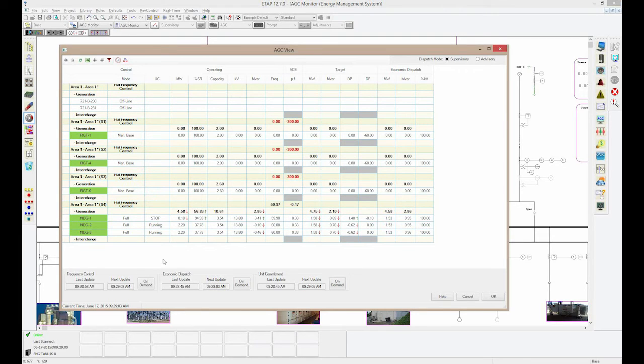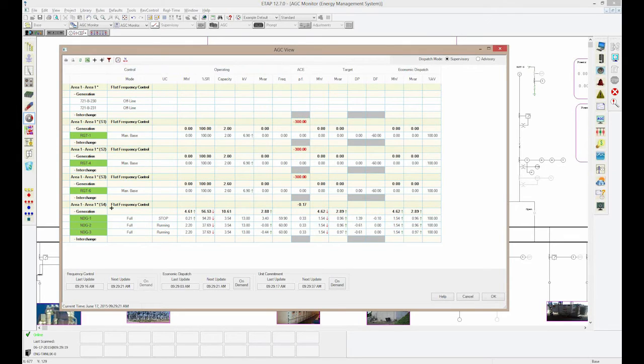But the main work that the program is doing is actually happening down here between these 3 generators. So here we can see they are in full control, which means I'm applying frequency control, unit commitment objectives, economic dispatch. All the objectives have been applied at the same time.